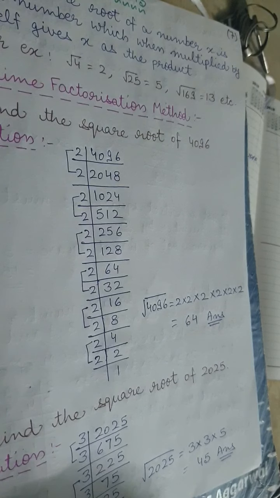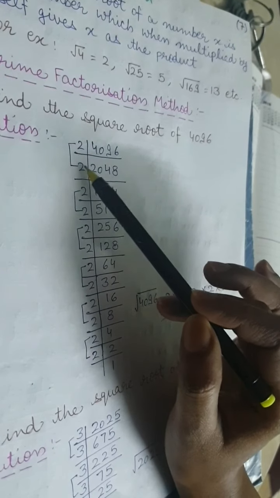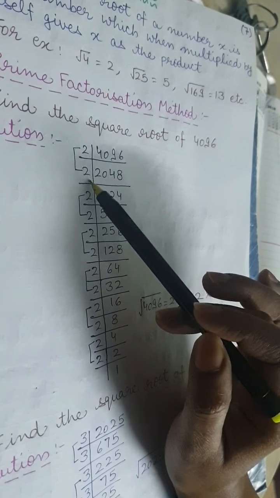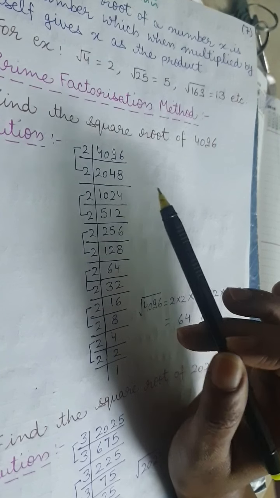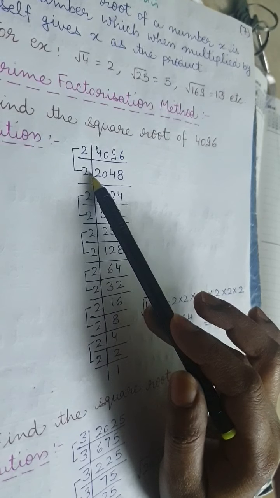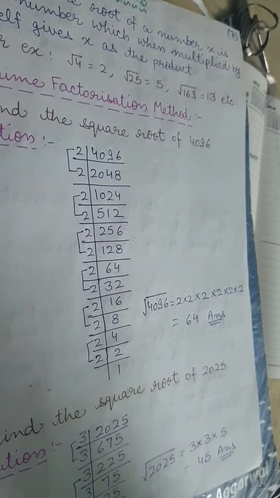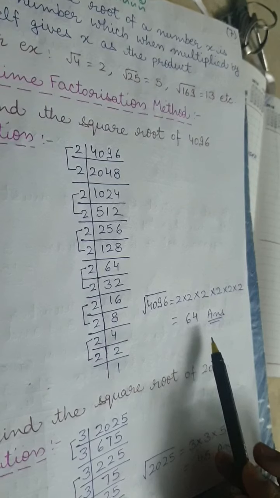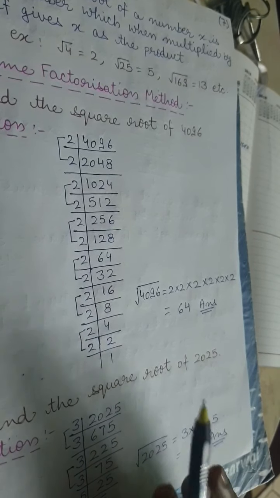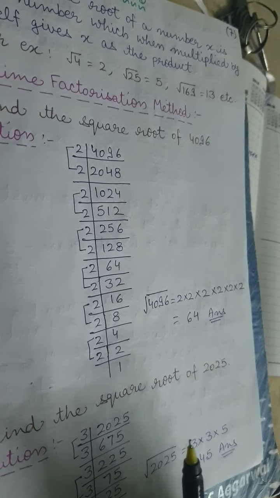From each pair you have to pick a single digit. Fine? See here, 2, 2, 2, 2, 2 and 2. That will be multiplied and the answer will be 4. So first we found the factors, then we paired them, and from each pair we took a single number.